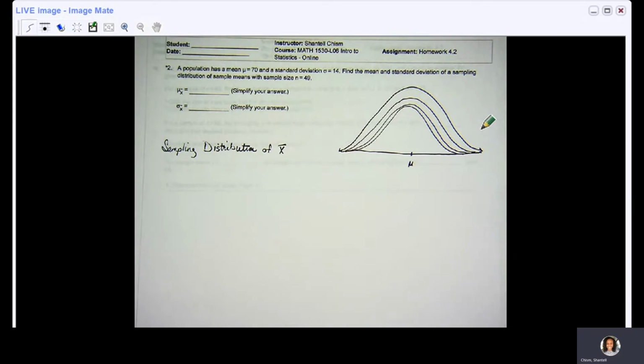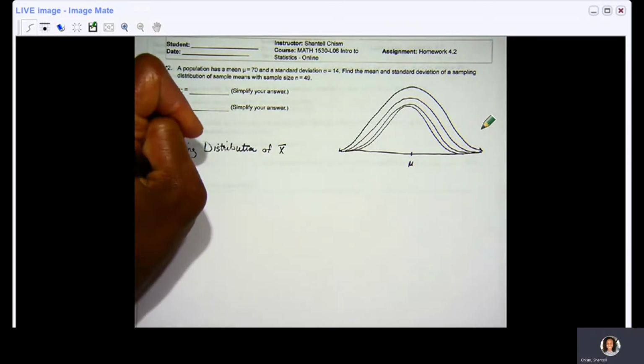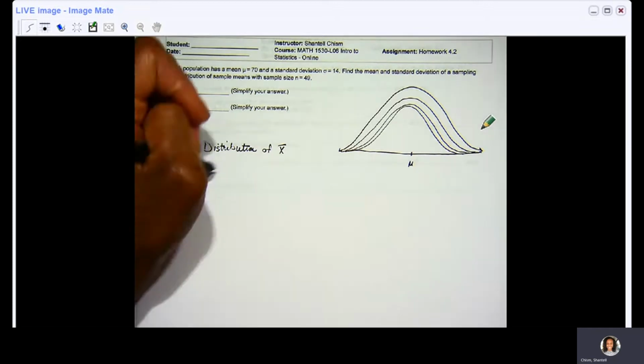Or let's say the original population has an unknown distribution. As long as your sample is at least 30, you can assume normal approximation. Regardless of either case, the sampling distribution of X bar will have a mean mu for X bar equal to the original mean mu of the population. They will be the same.